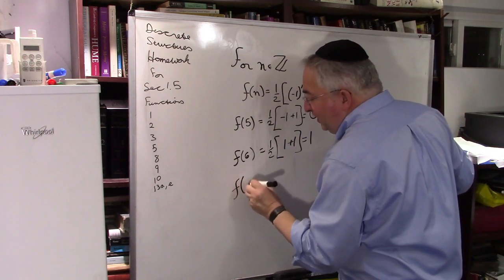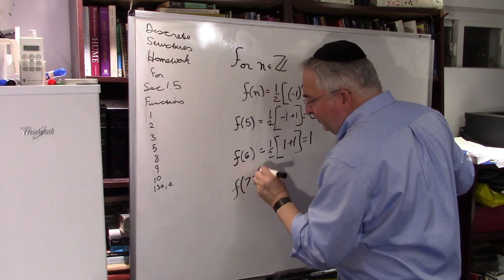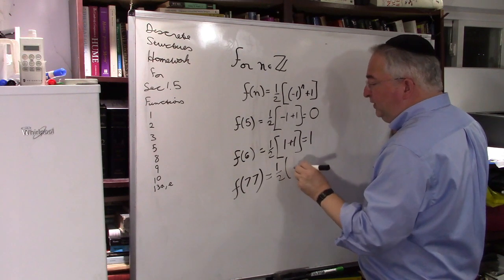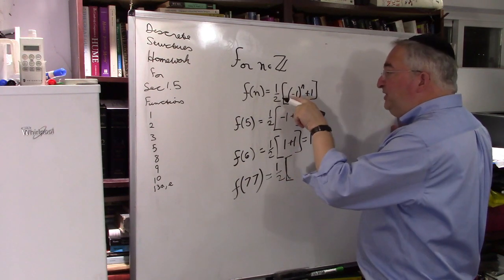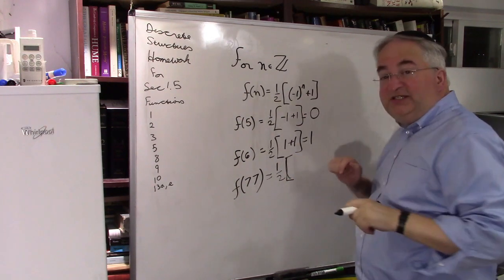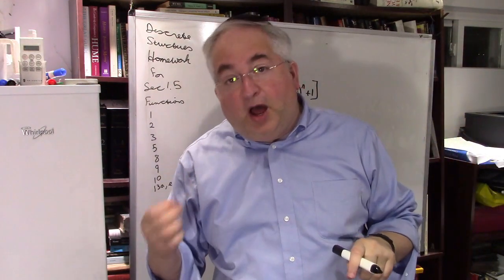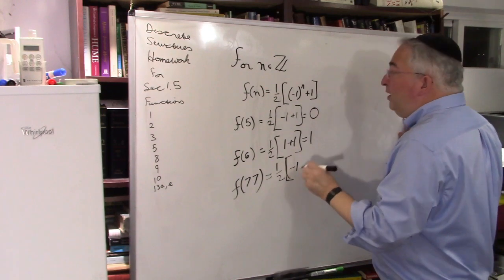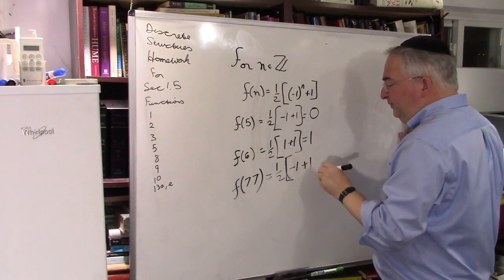f of 77. The main point here is minus 1 to the 77. 77 is an odd number, so that's going to be minus 1. Don't forget the plus 1.